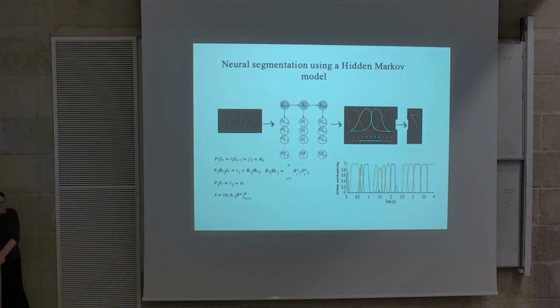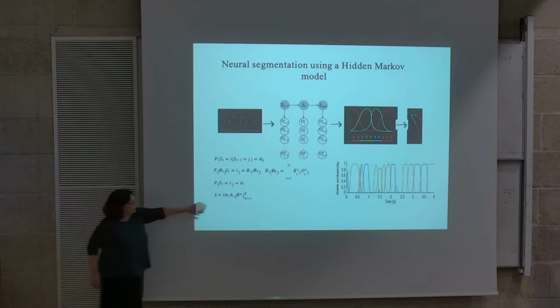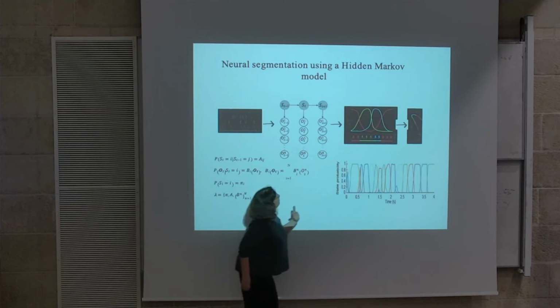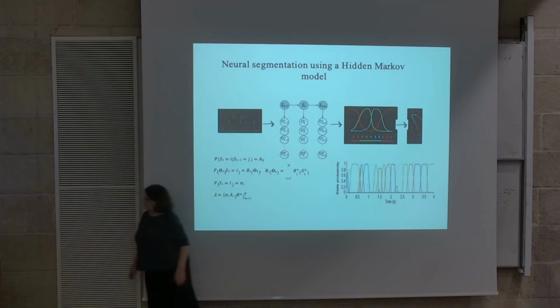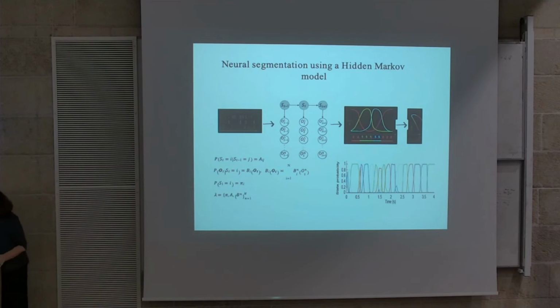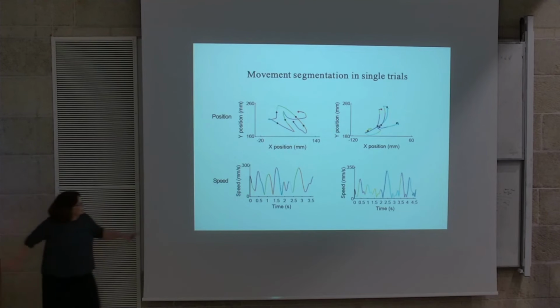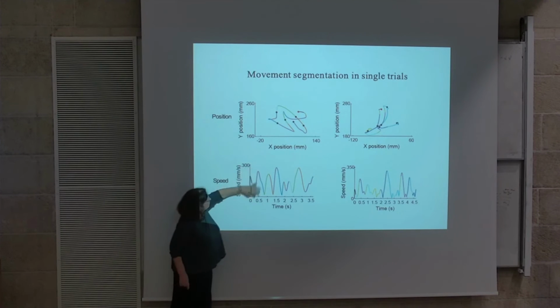And so they found that you have states, okay? You have states. And then they can look at the trajectories themselves and see what the segments or the states correspond to. And this state corresponds to half the velocity profile, from initiation to the middle, to maximum curvature.